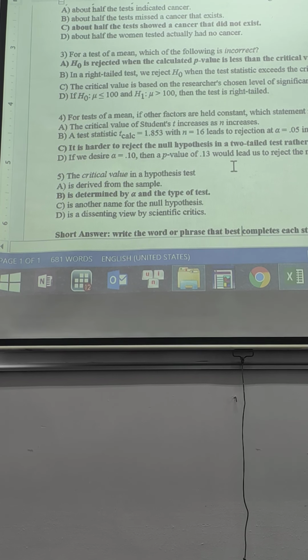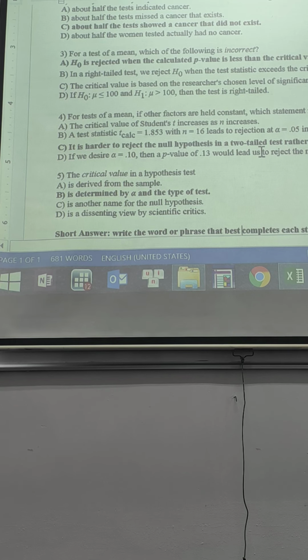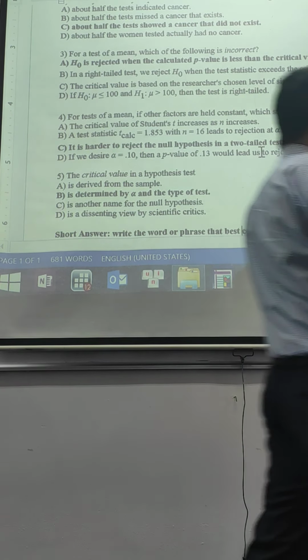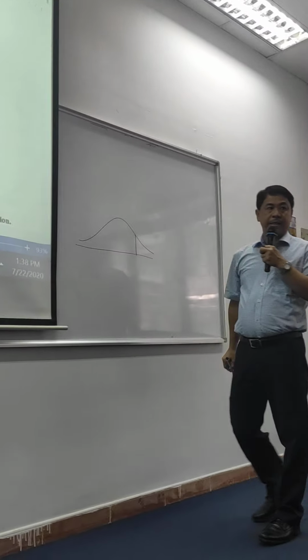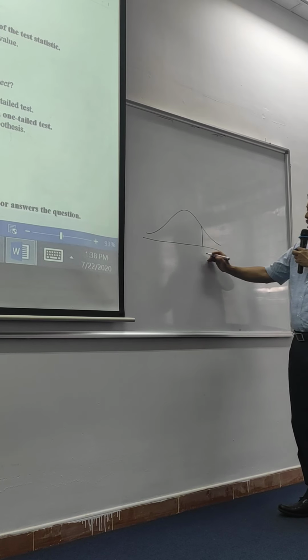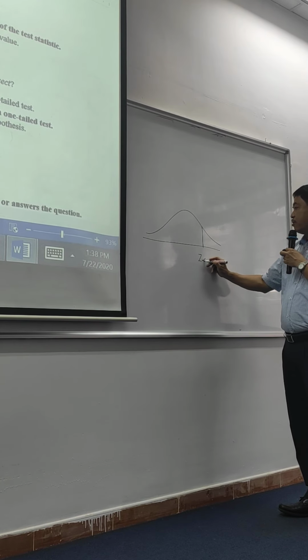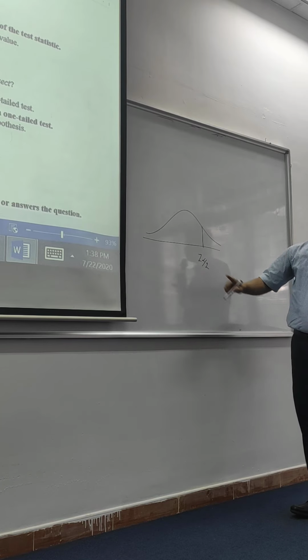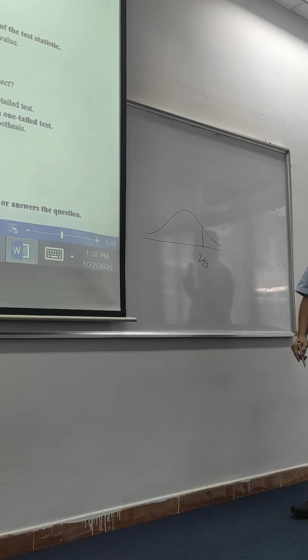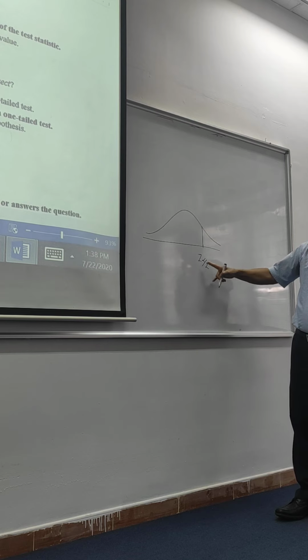Now look at number 4. What is the right choice? Okay, so we have here the two-tail test. Look at the right tail of the test, right? So let's say we have here Z alpha divided by 2. Where is Z alpha, on the left or on the right? Assume here is Z alpha divided by 2.